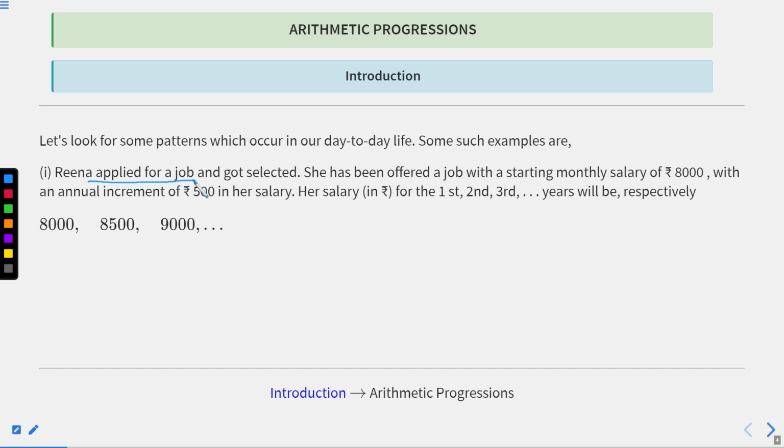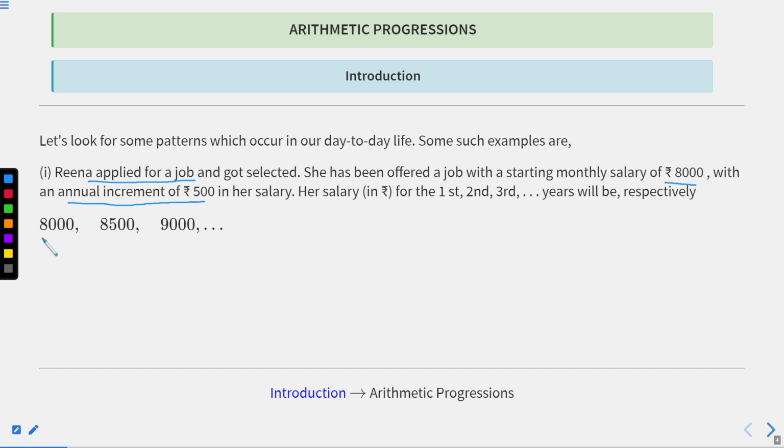Her salary in rupees for the first, second, third, and fourth years will be respectively 8,000, 8,500, 9,000, 9,500, and so on. So her starting salary is rupees 8,000 and the annual increment is rupees 500.